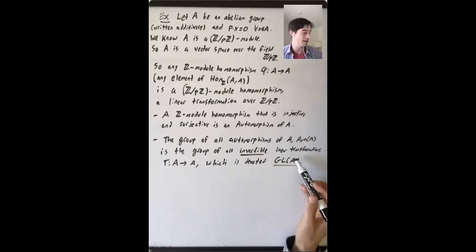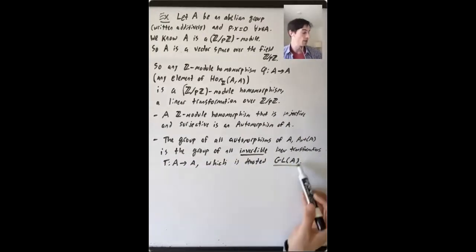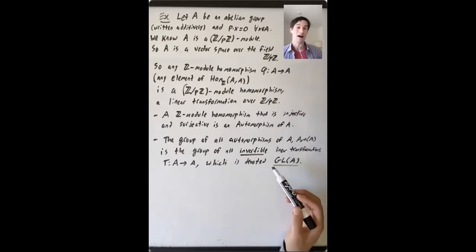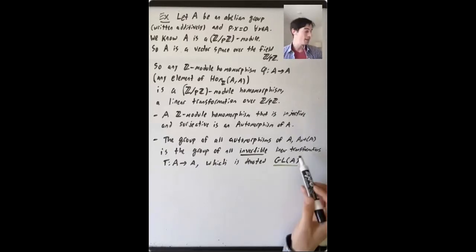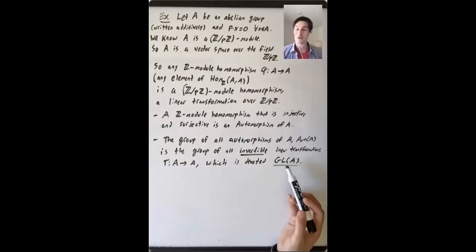And more generally, we can talk about the group of all invertible linear transformations from a vector space over a field to itself. And we're going to use this notation GL(A) for that. So when we talk more about how to go between linear transformations and matrices, you'll see why this is a good choice of notation here, how this matches up with the idea you have of GL_n(F), the group of n by n invertible matrices with entries in a field F.